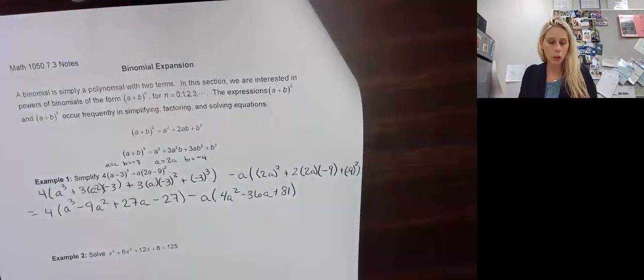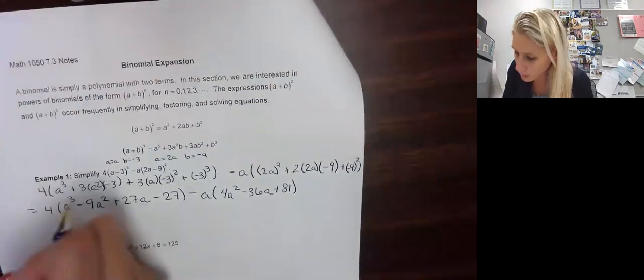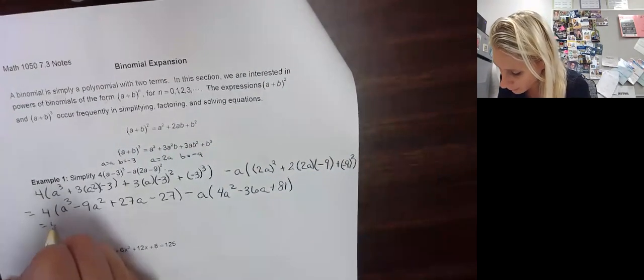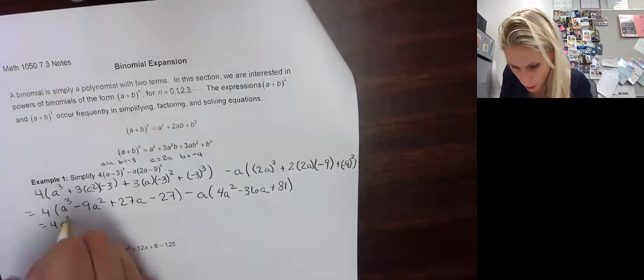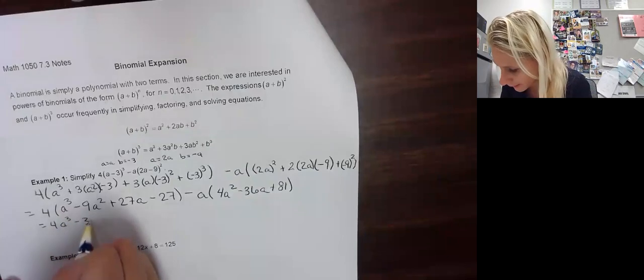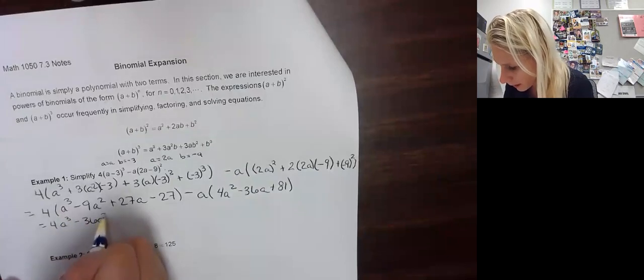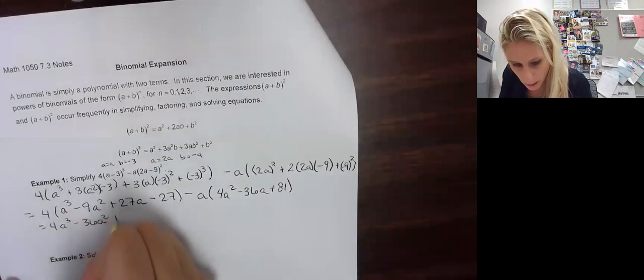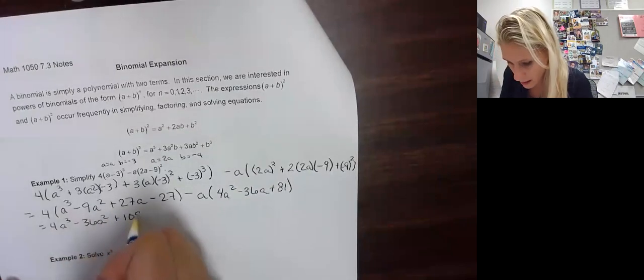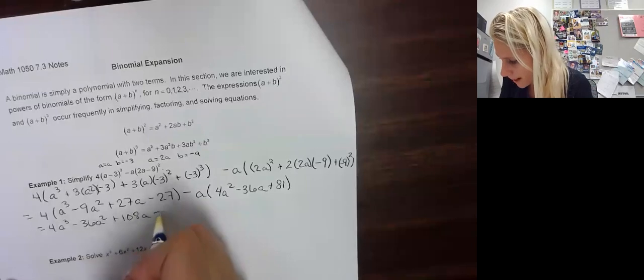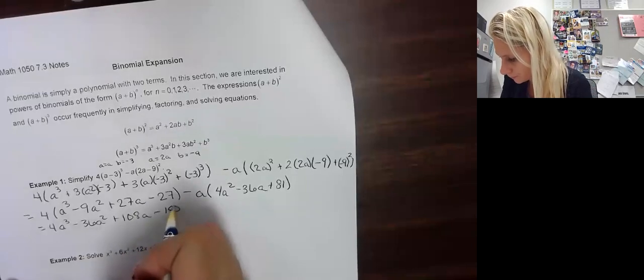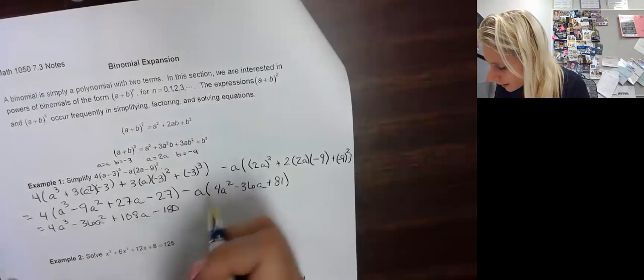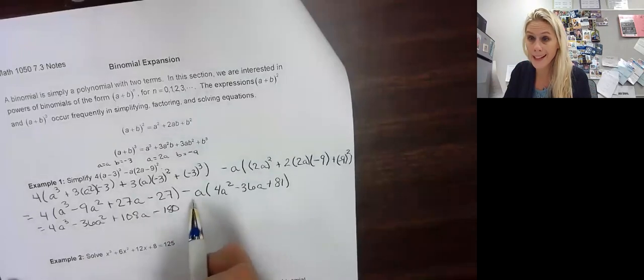Now we're going to distribute and combine like terms. So I will distribute all of that. So 4a cubed minus 36a squared plus 108a minus 180. And then now we're going to distribute a -a here.